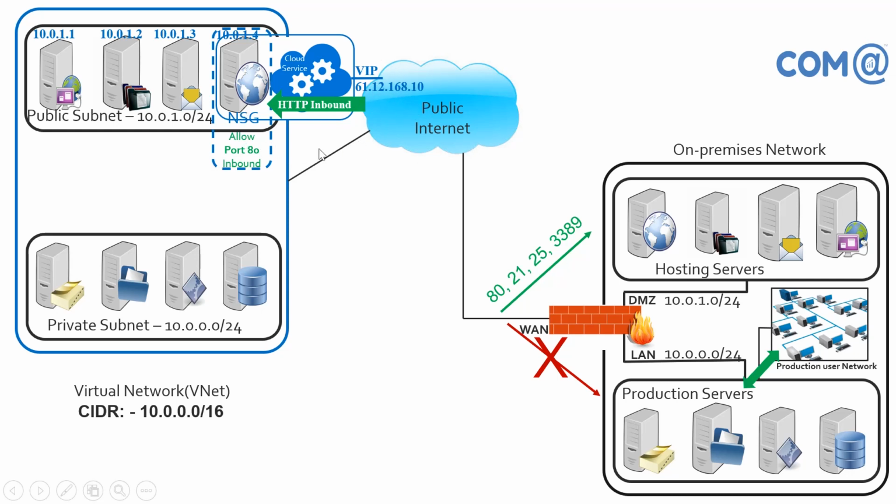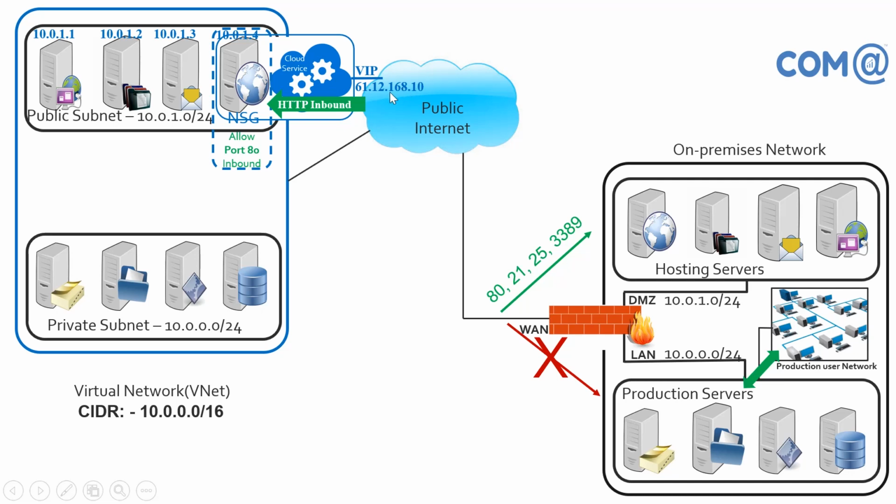And as I said earlier, this virtual IP address is a dynamic public IP address. When you power off and power on the virtual machine, this IP address will change. If that is the case, you will not be able to create a record in the public domains. In that case, we need to have a static public IP address. You can also reserve this virtual IP address. We can also call it an RVIP, reserved VIP. This reserved VIP is nothing but a public IP which is reserved for you.